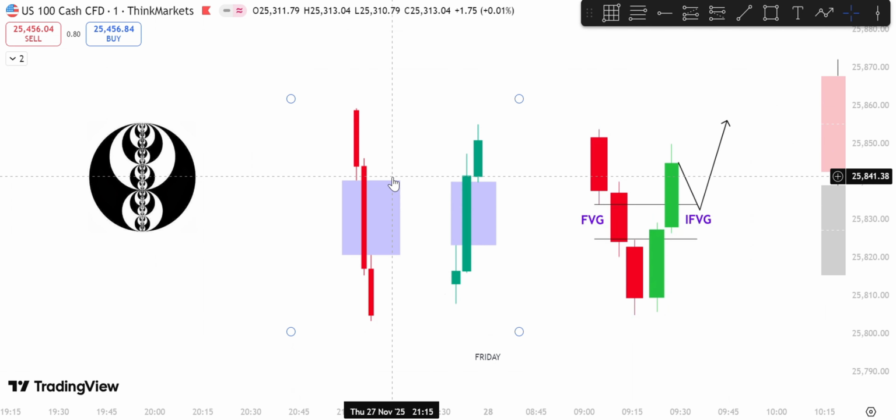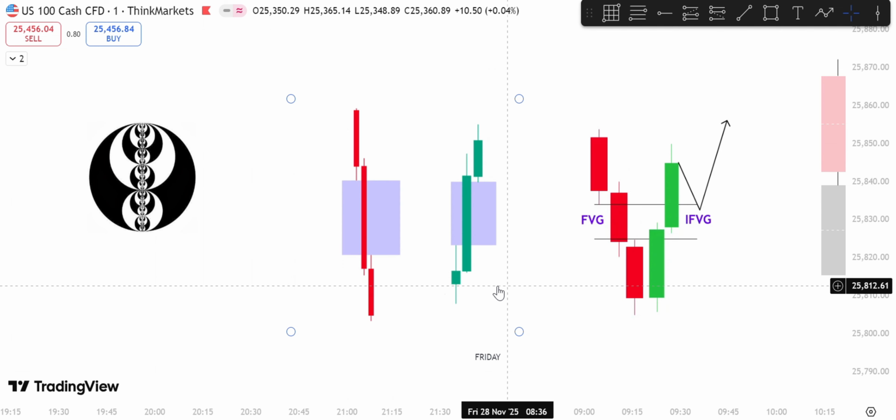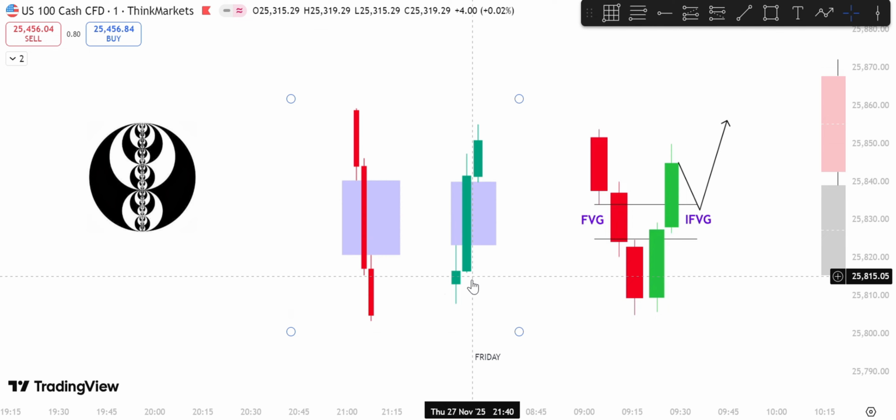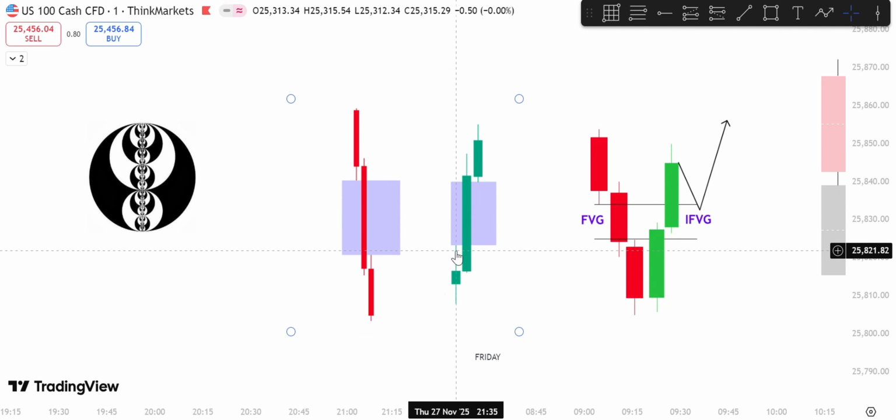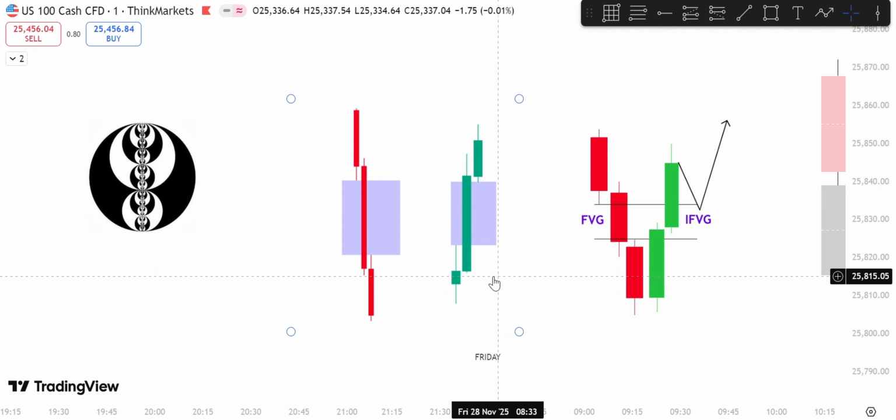Now, how do you mark this gap in price action? Let's start with this example. It's bullish. You mark this fair value gap from the first candle's top wick, or body if it doesn't have a wick. For example, if you have an up candle that closes with no upward wick, then you mark it out with the body.